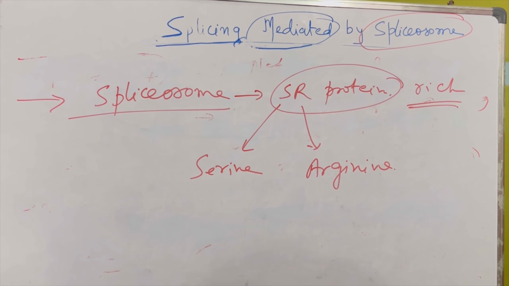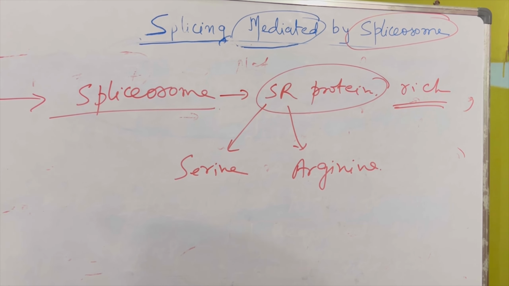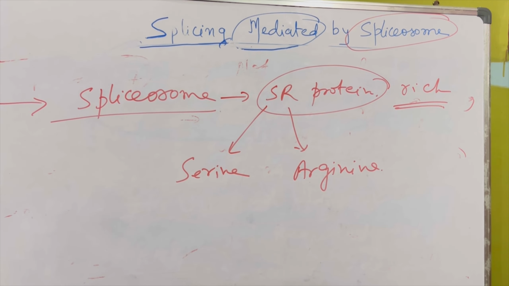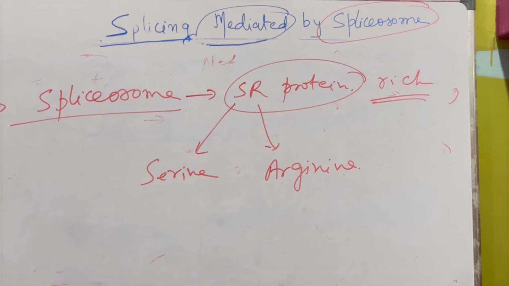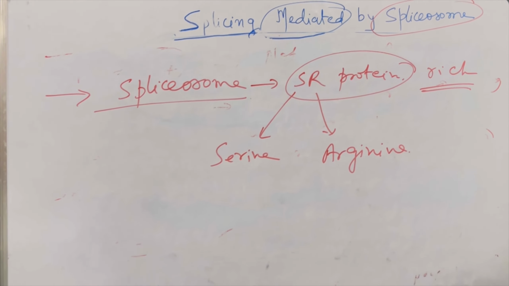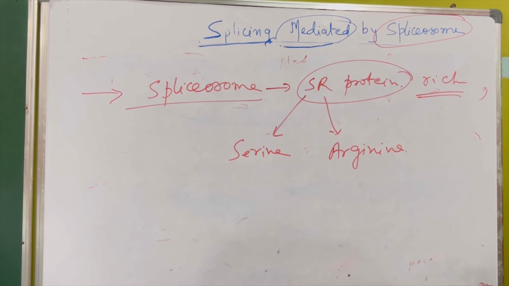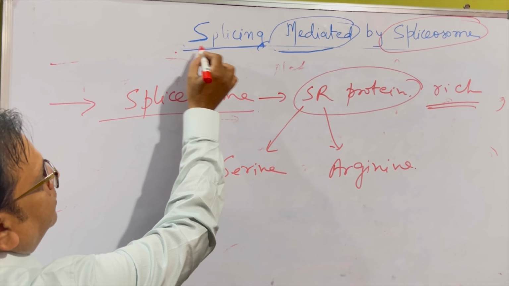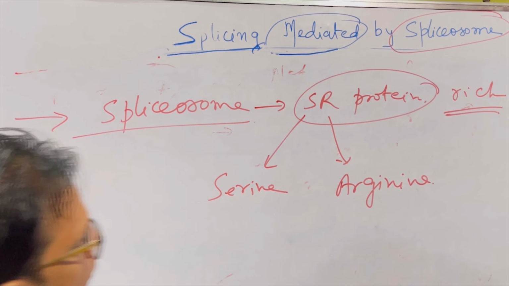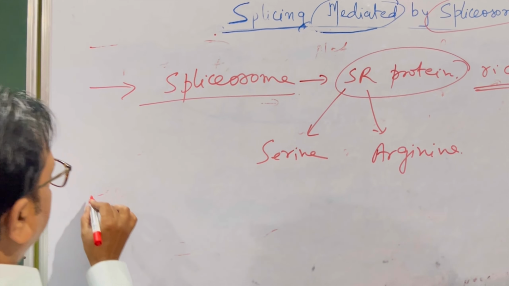It is one of the important components in formation of the spliceosome, and it is involved in the process of splicing mediated by the spliceosome. So this is an important one.